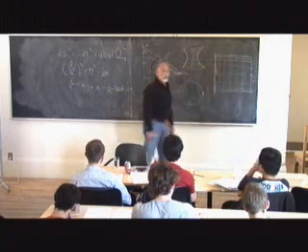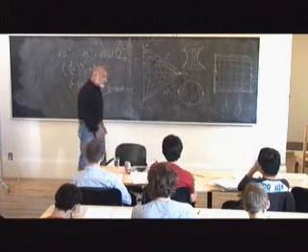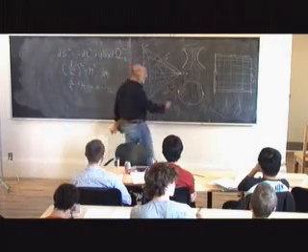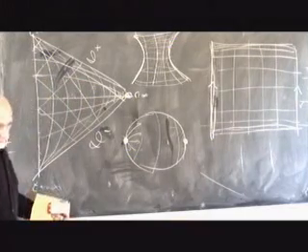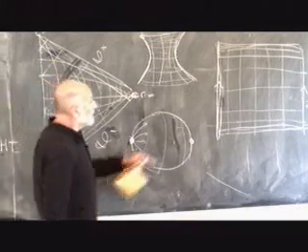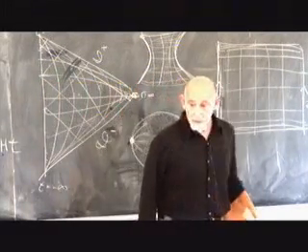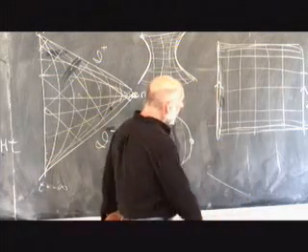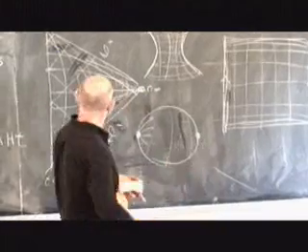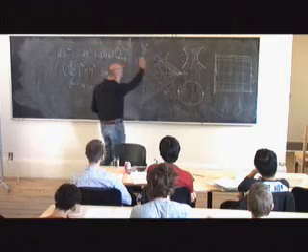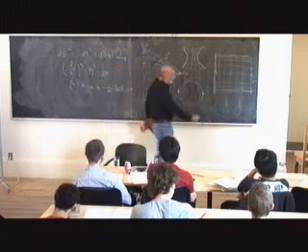Again, the diagram is drawn in such a way that radial light rays, now a radial light ray means one that comes in and would pass through the observer at the origin here. Radial light rays, again, are 45-degree lines. But now they don't come in from a light-like surface like this. They come in from past infinity.